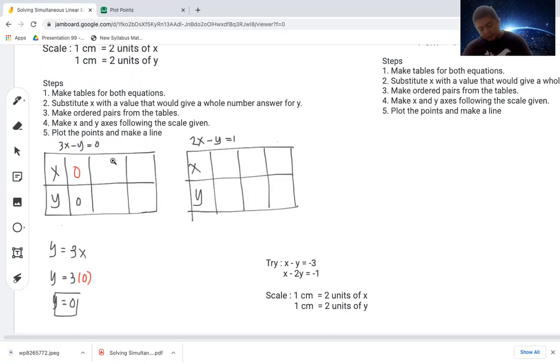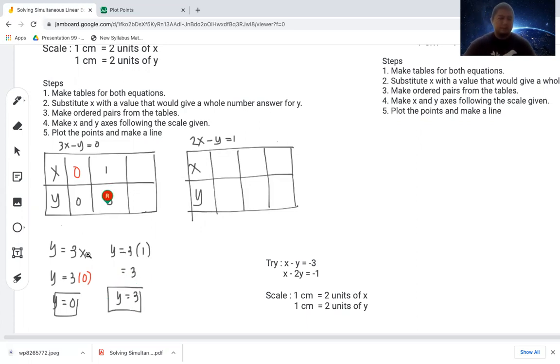So let's say I want 1 to be the value of the x. In here, you are going to substitute that the same way we substituted 0. So it's going to be 3 times 1, and this is going to give us an answer of 3. So that means the y is equivalent to 3.